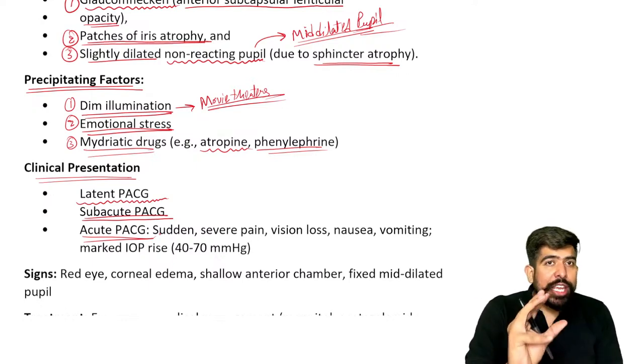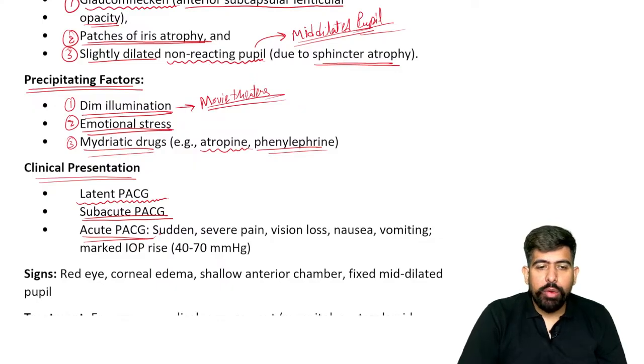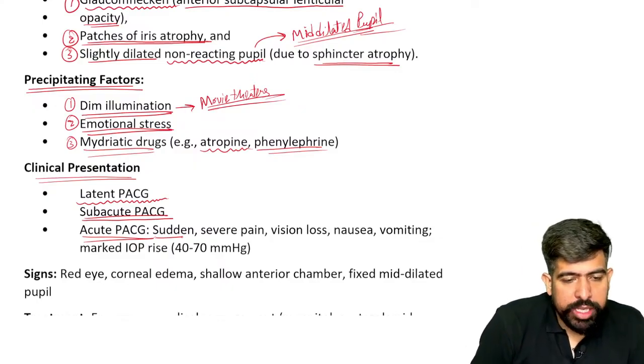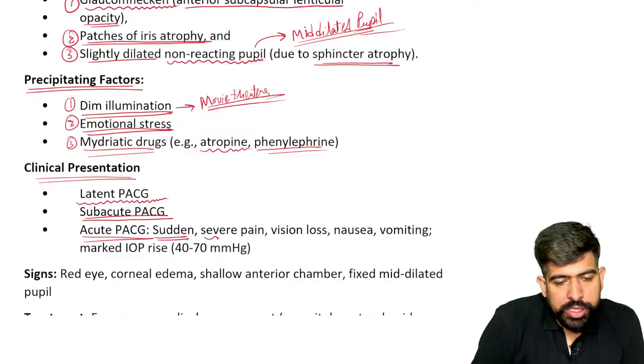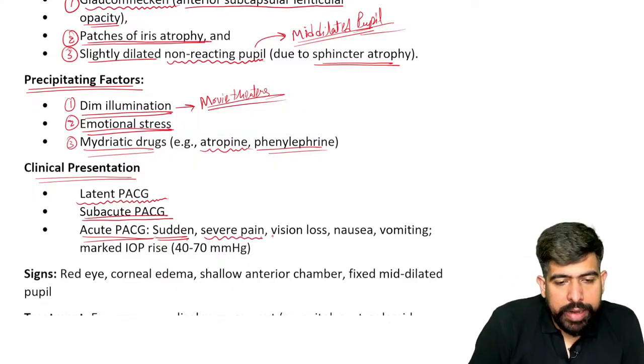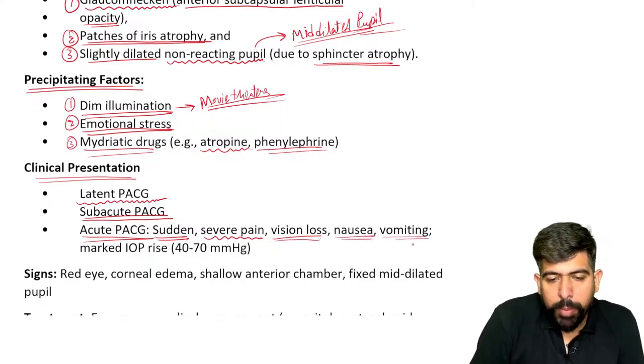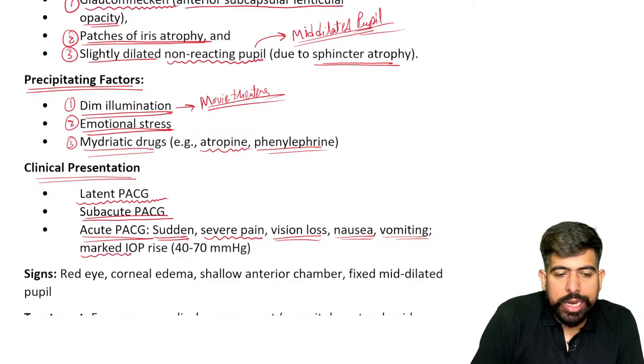Now, by the word acute, please understand this: acute means sudden onset, right? So please remember, it will be sudden, and the patient comes with severe pain in the eye. The vision loss will be there, nausea, vomiting, and markedly raised IOP.